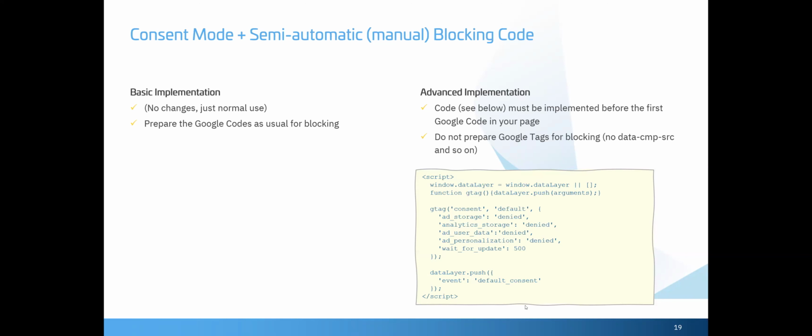It doesn't 100% hurt if you don't have it in the page, but Google recommends it. And from a legal side, if you don't have it in there, Google currently assumes granted as a default. So Google will start setting cookies and tracking if they don't have the signal. So it makes sense to put this in the website. Otherwise, if you use the basic implementation, you can use the semi-automatic blocking code wherever you want.